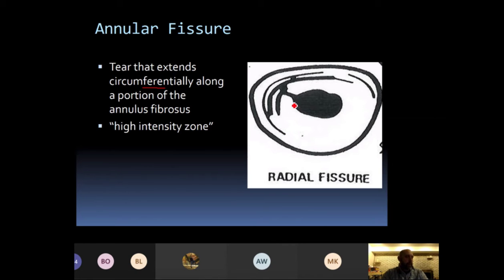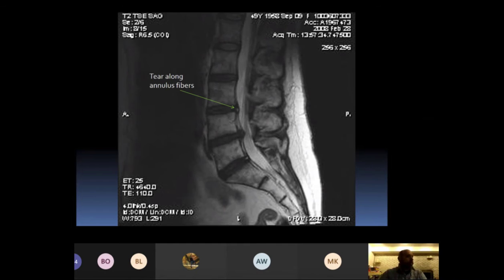But imagine one layer has a tiny little tear in it. So some nucleus material leaks into the layers in between the annulus fibrosus. It can continue to go through multiple layers like you're seeing here, or it can actually track along the layers. Okay, and so what we're looking for on the MRI is these white dots.